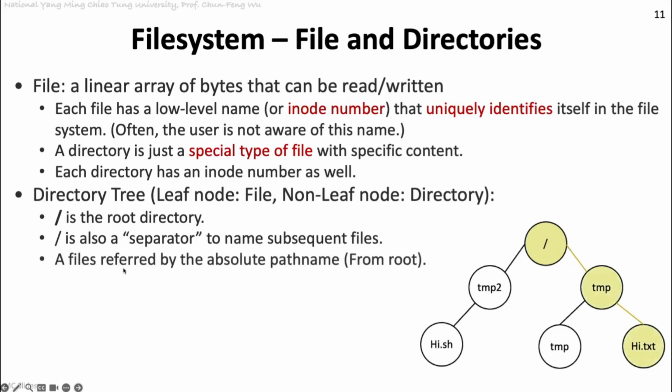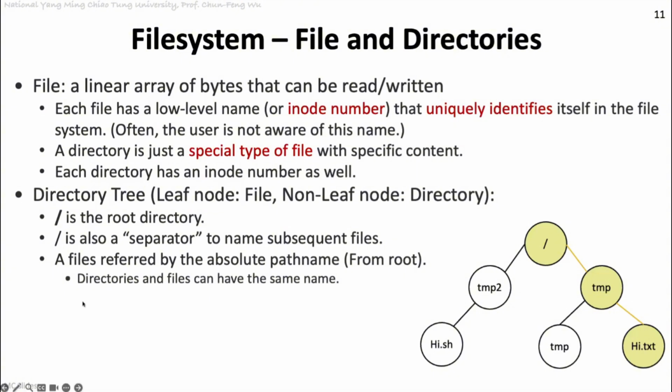A file referred to by the absolute path is referenced from the root. This is the definition of an absolute path: the path should always include the root directory. So in Linux, there are absolute path names.